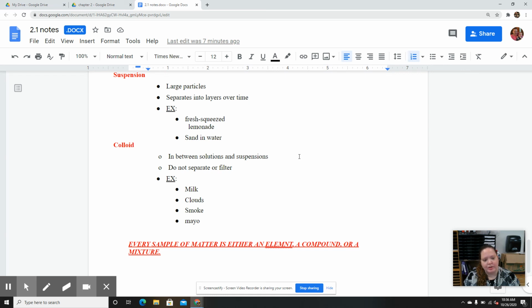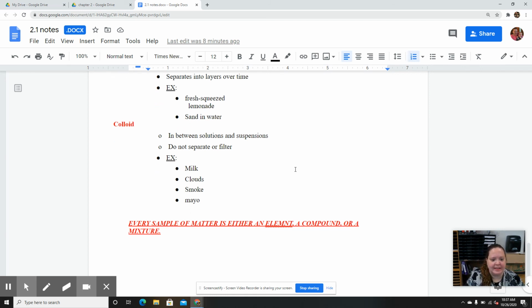The particles are big enough that they stay suspended in the liquid, so you don't have to shake it to make it stay up. They're small enough that they stay suspended, but big enough that they scatter light.